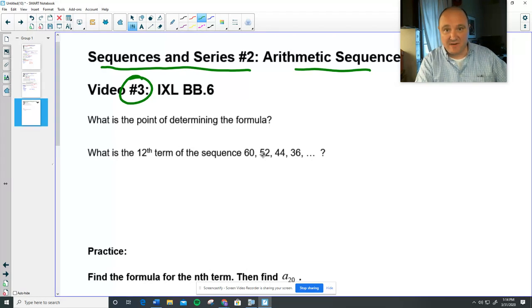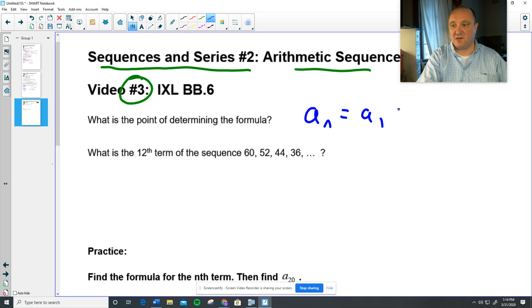All right, so in the last video, we came up with a formula for a sequence. We had a sequence just like this, and we said, here's my formula for the general term of a sequence. And here we figured out that a sub 1 was equal to 60, and d was equal to negative 8.